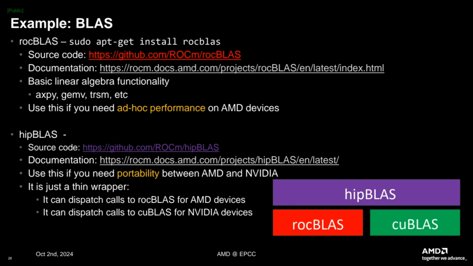As I said, you should be using rocBLAS if you are looking for ad hoc performance on AMD devices. On the other hand, hipBLAS is also open source and available on GitHub, and you should prioritize using hipBLAS if you are looking for portability, just as we already said.